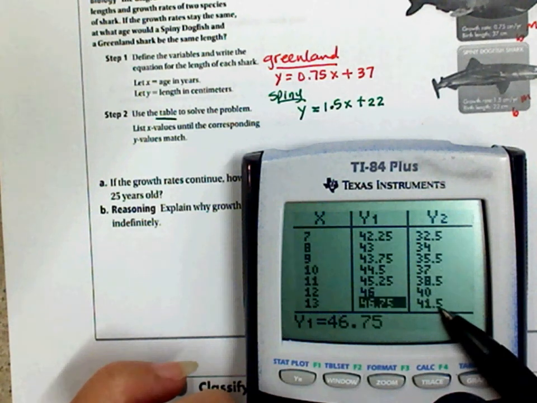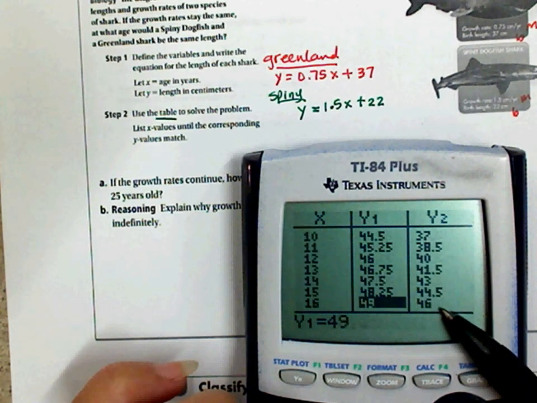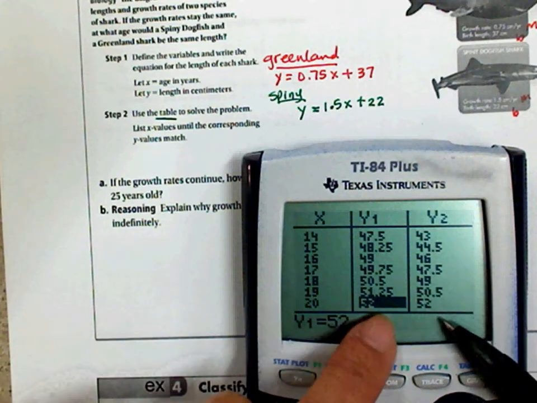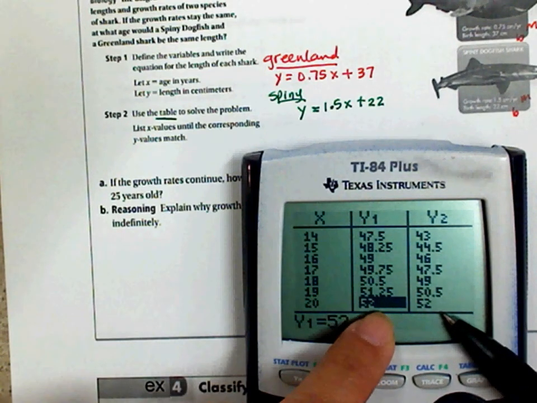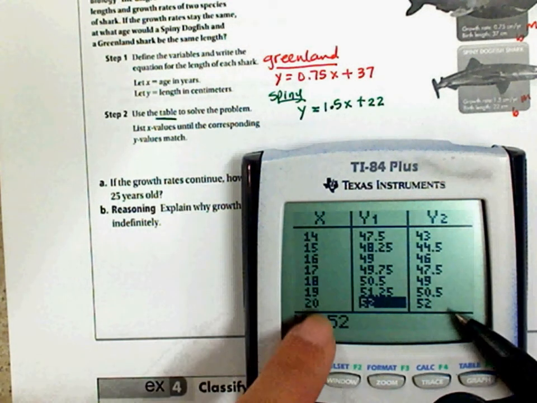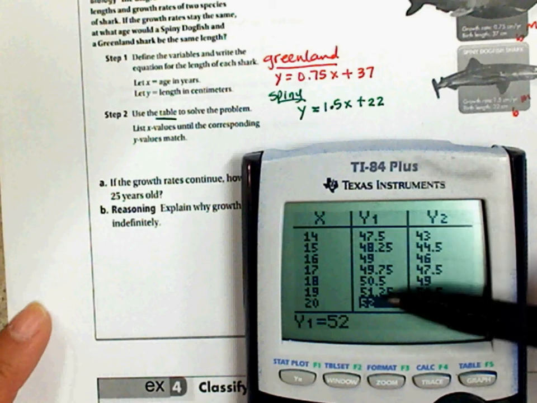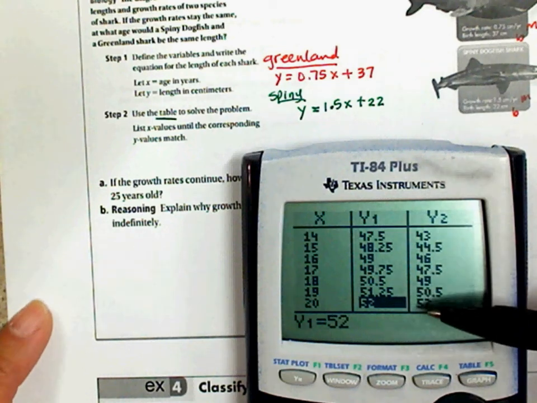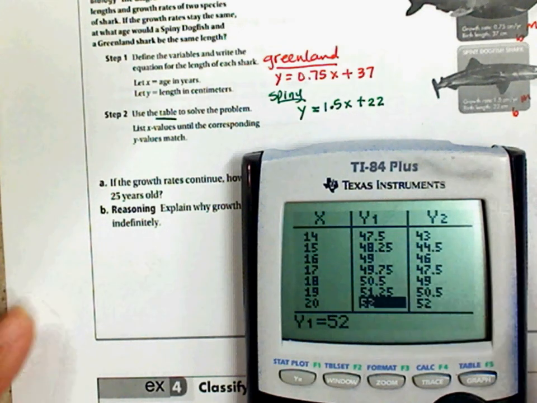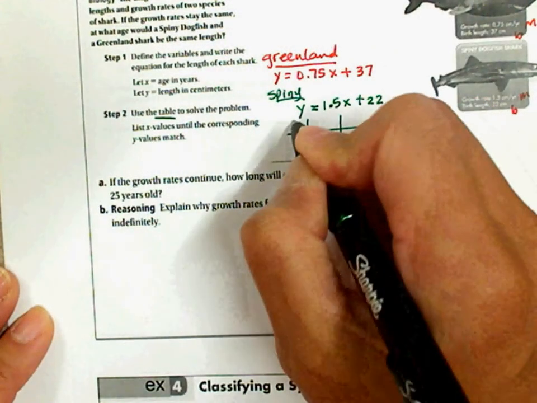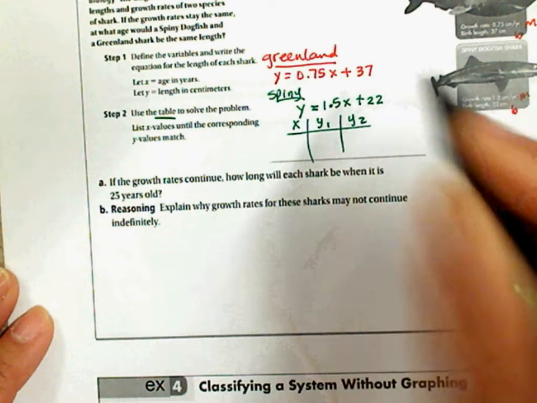We're heading in the right direction. Oh, look at that, 52, 52. So how long is it going to take for them to both be 52 centimeters long? In 20 years. Okay, so you have x, y1, y2, and you have 20, 52, 52.